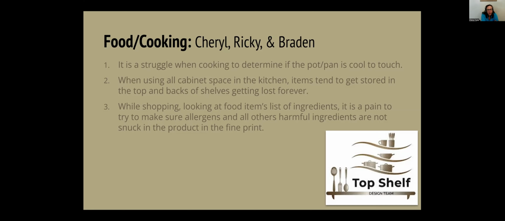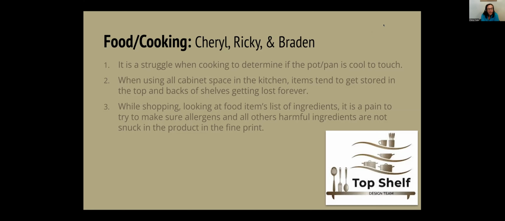Number two, when using all cabinet space in the kitchen, items tend to get stored in the top and the back of the shelves, getting lost forever. I think this was written a little bit differently than what I had written before. Let me look at what I had before.